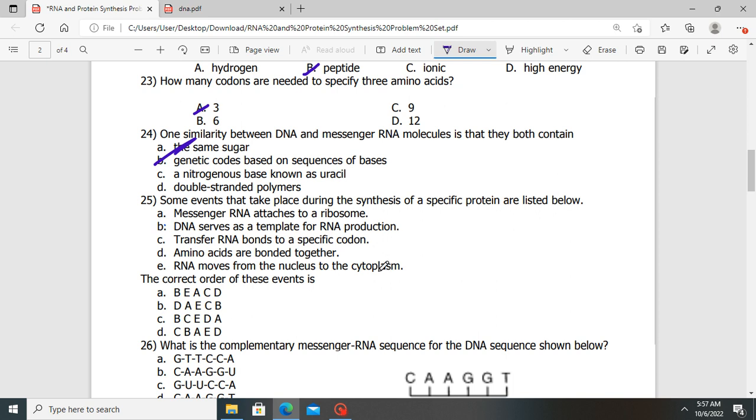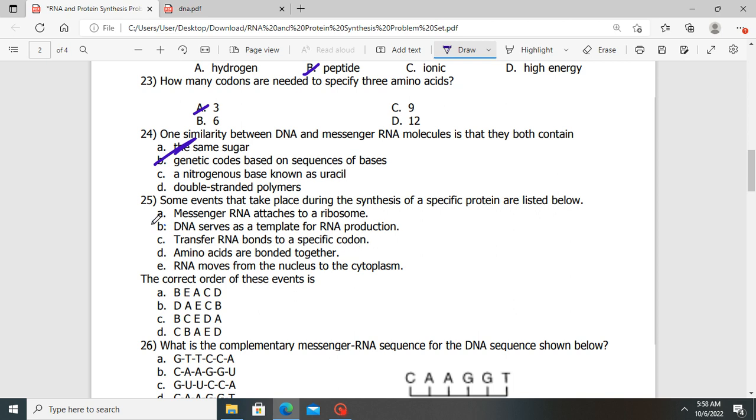The next one is A. The messenger RNA attaches to the ribosome. The next one is C. Transfer RNA bonds to a specific codon. The last one is D. Amino acids are bonded together by a peptide bond.